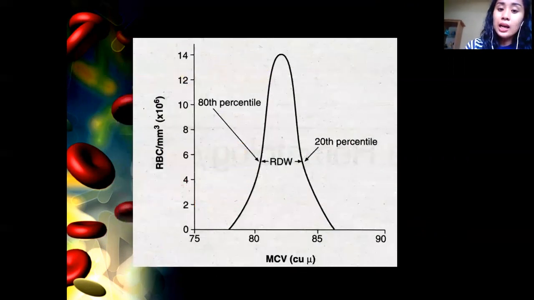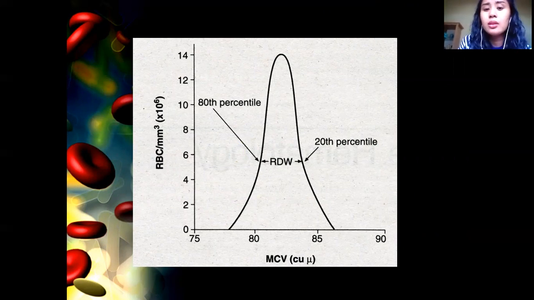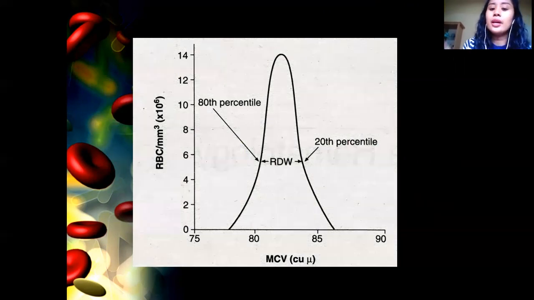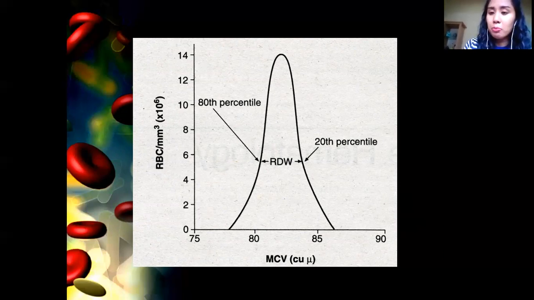Class, RDW is also computed. Guys, take note: RDW, or red blood cell distribution width, is a measure of the degree of anisocytosis. If the RDW is high, meaning there is a dimorphic population.